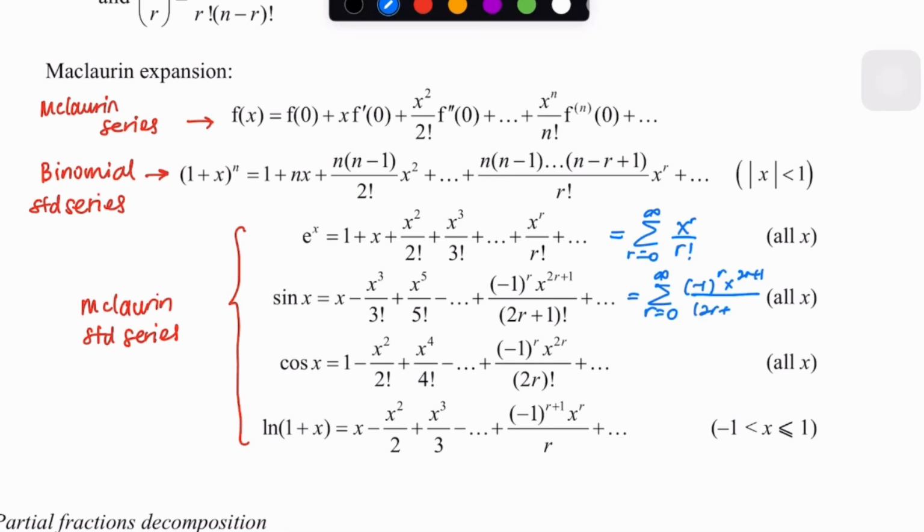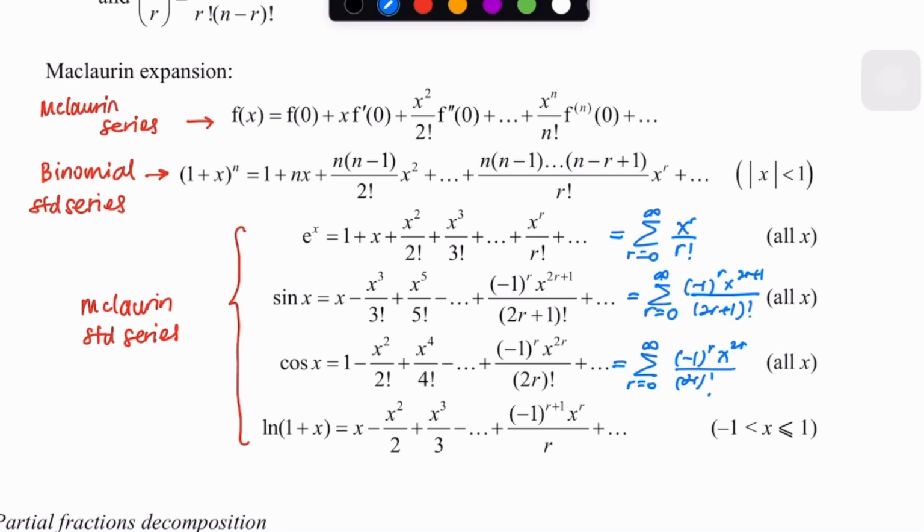So it's to make use of this. Technically speaking, your general term over here, all these are sum from 0 to infinity of these terms.